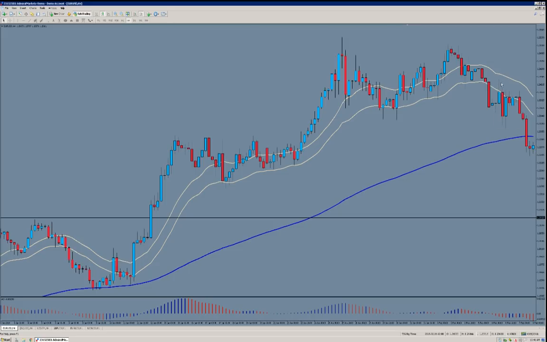So it tried to go up, and it couldn't go above the 21 EMA band anymore. That's then the first warning sign that you're going to get a bigger correction or reversal happening. And that's really good. The 21 EMA band of the 4-hour chart is perfect for that purpose.